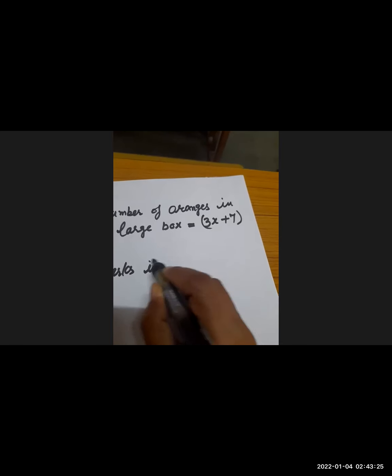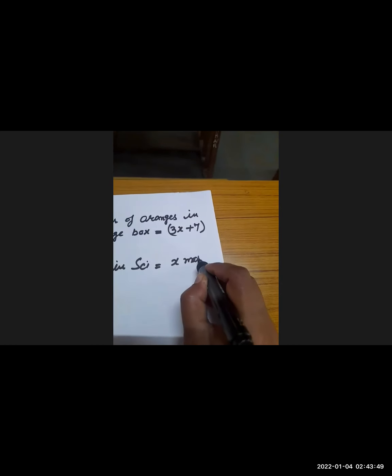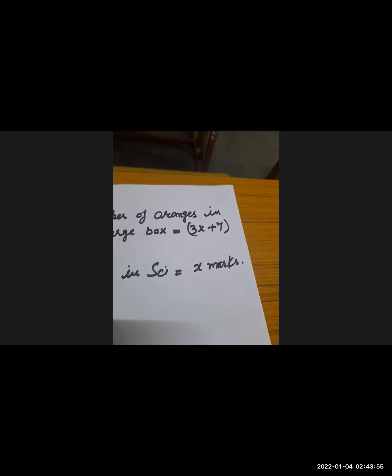Marks in science is X marks. Now, she scores 15 more than 3/4 of her science marks in maths. Now, marks in maths.